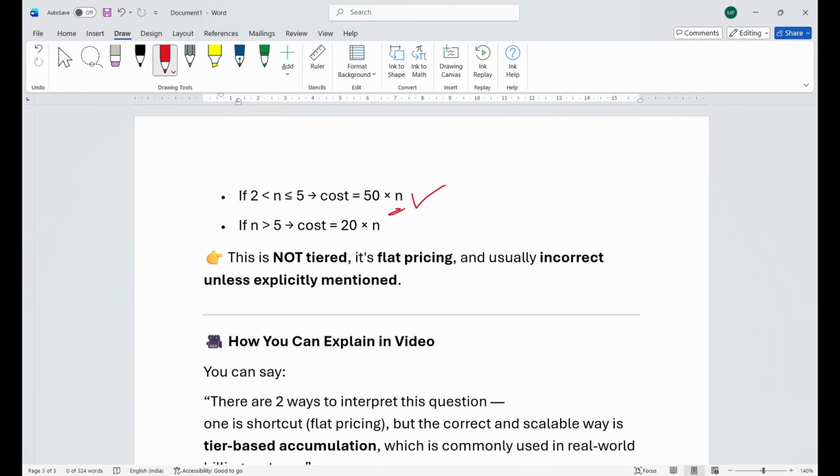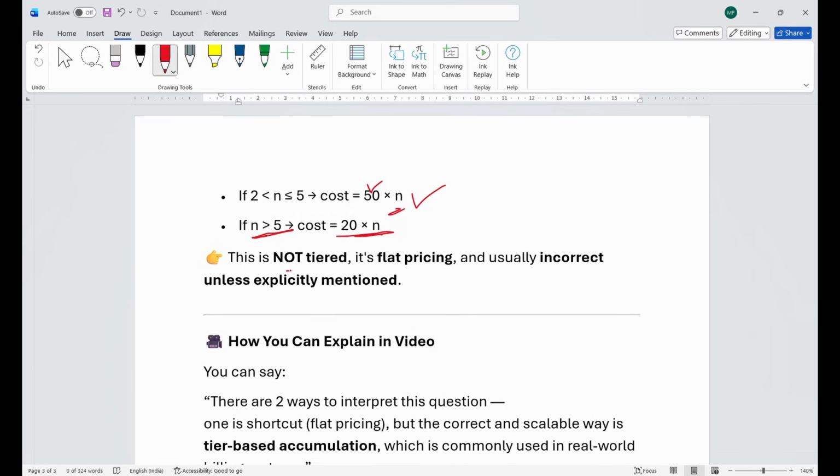This is wrong; we cannot use n like that. If it exceeds 2, we have to add a constant of 200, then for the remaining hours add 50 rupees per hour. Also, for hours that exceed 5, some students use 20 into n, that is 20 into 6 or 20 into 7, and got the wrong answer, and many of the test cases were not solved.